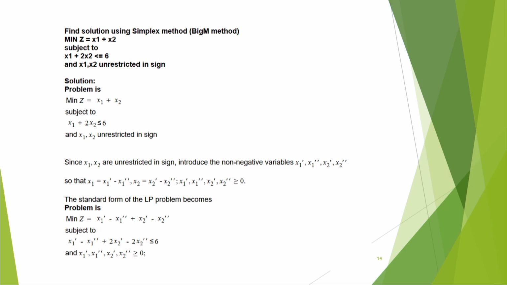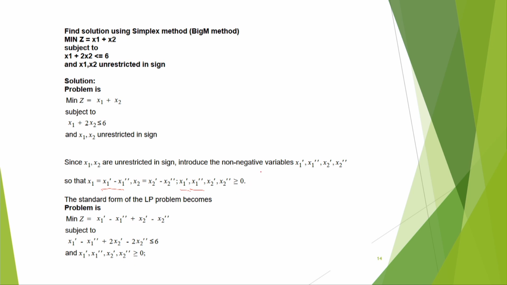How to do that? Since they are unrestricted, therefore, you introduce x1 is equal to x1 dash minus x1 double dash, and x2 also you do that, where x1 dash, x1 double dash, everything is greater than or equal to 0.